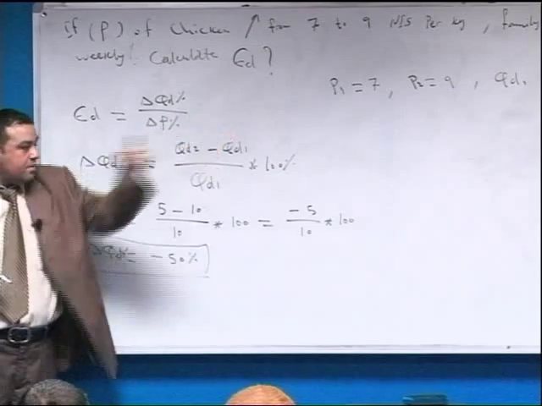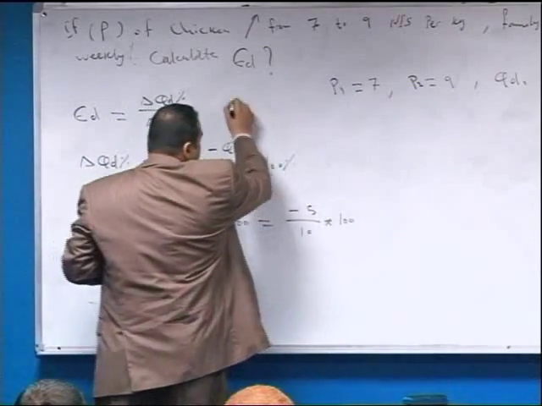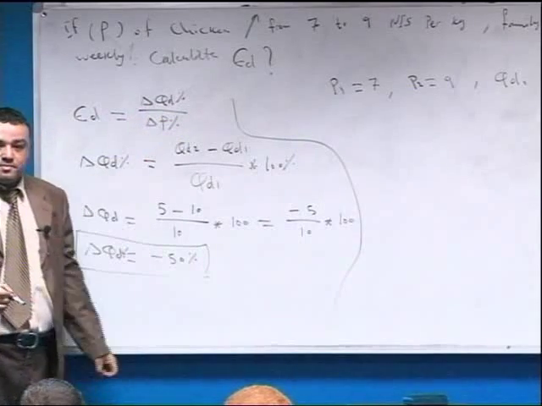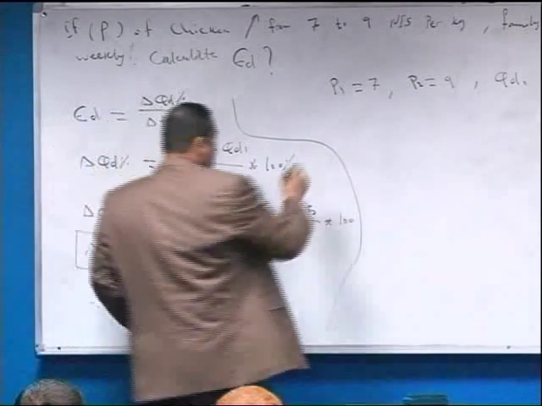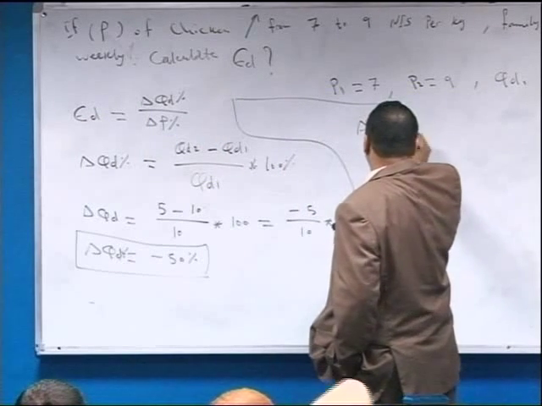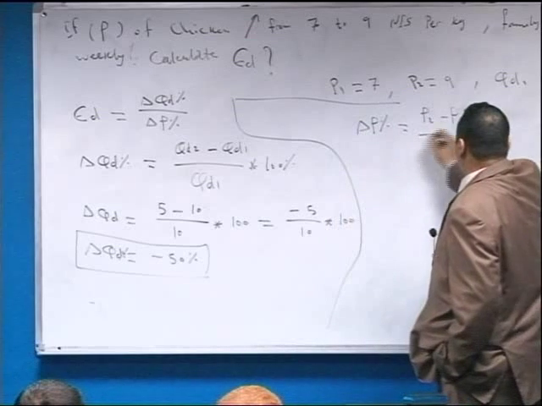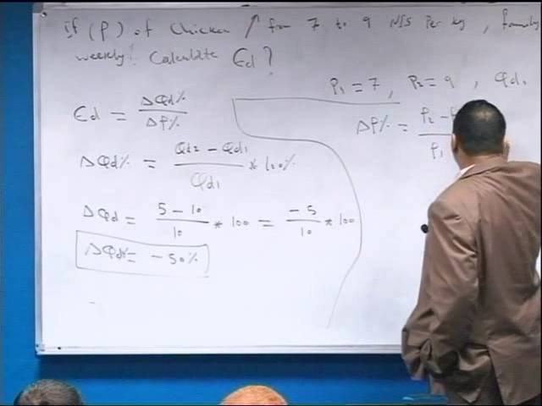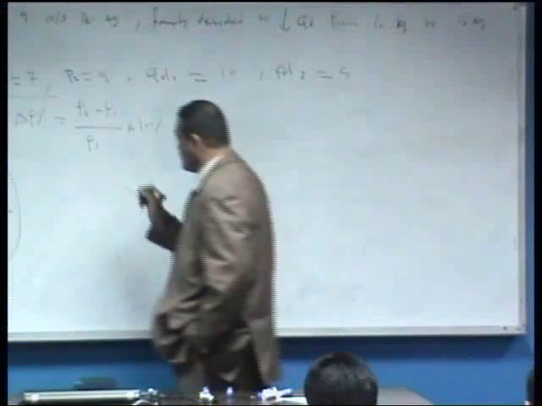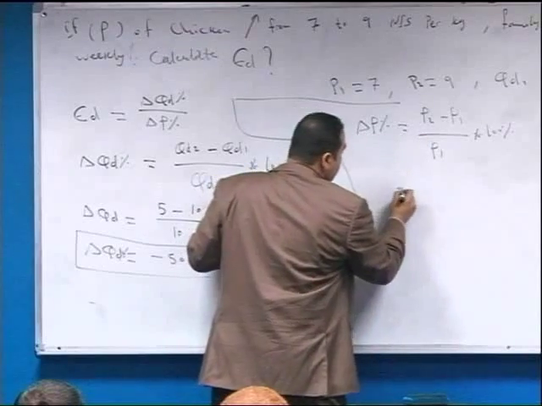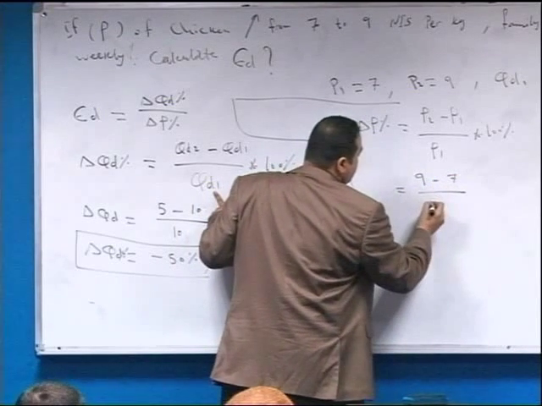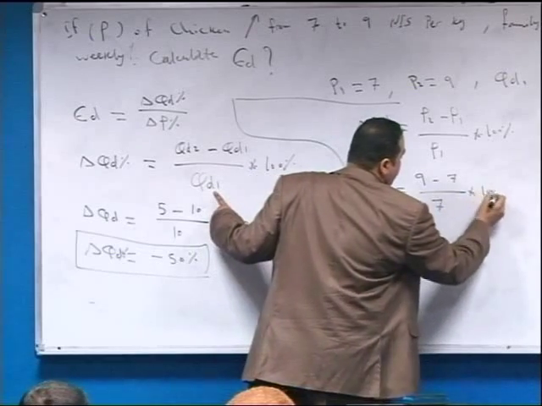From 10 to 5. Now let's calculate the percentage change in the prices. The same idea. Delta P percentage equals P2 minus P1 over P1 times 100%. P2 is 9, minus 7, over 7, times 100.